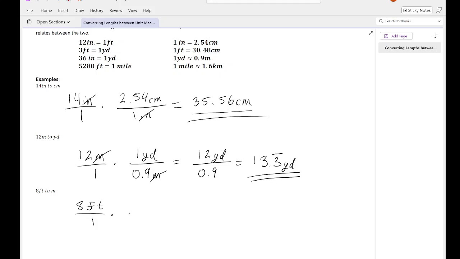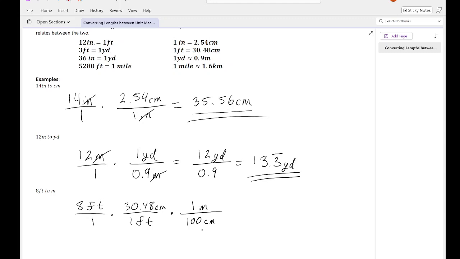So I got to get rid of feet. So again, I'm going to have 1 foot in the bottom, and I'm going to have 30.48 centimeters up top. And again, I need to get rid of centimeters. So I'm going to do one more, and I know that 1 meter is equal to 100 centimeters. If I convert from a meter to centimeters, I know I just move the decimal place over 2 spots to the right.